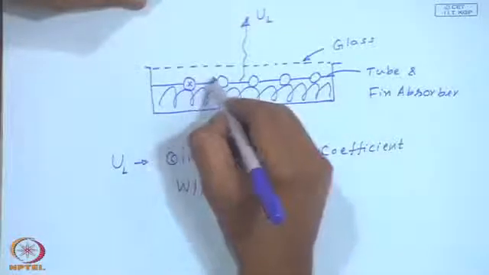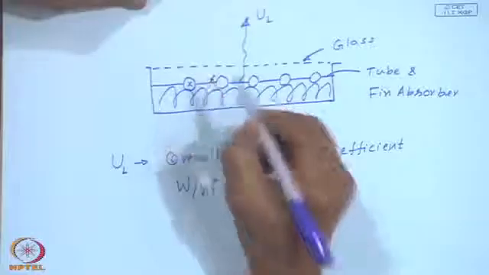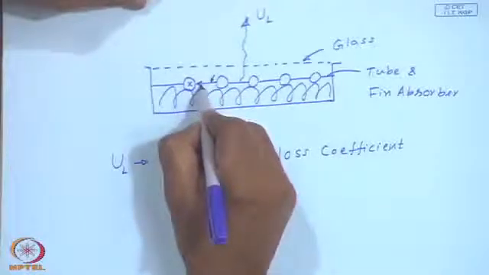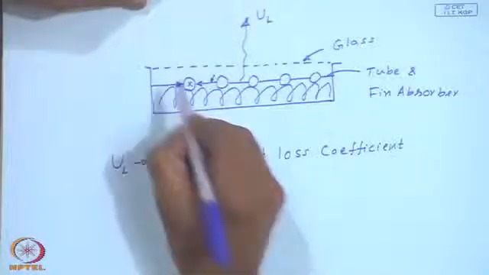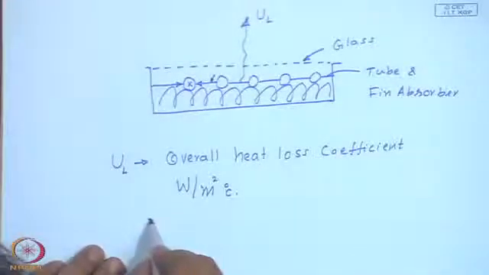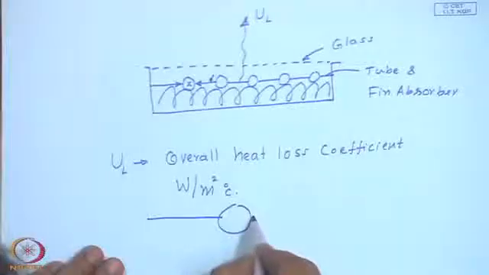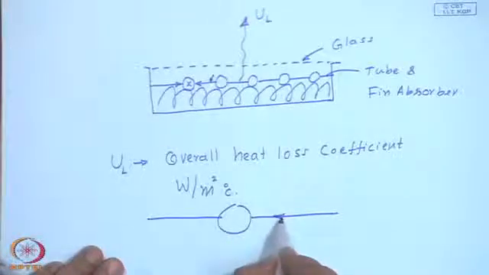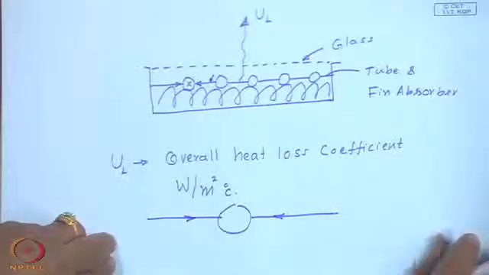The central portion painted black, heat will flow towards the colder fluid side, thereby heating the fluid. In other words, if I exaggerate, there will be heat flow towards the tube, right.